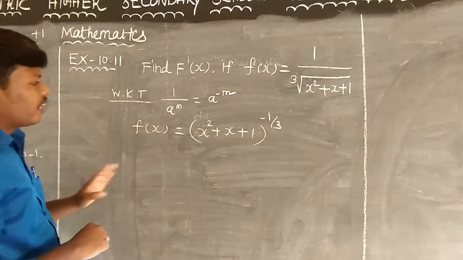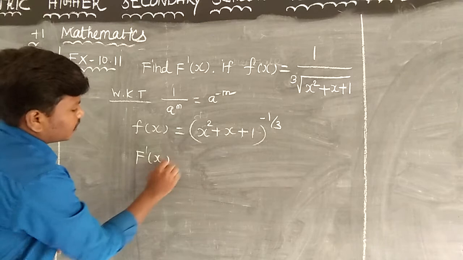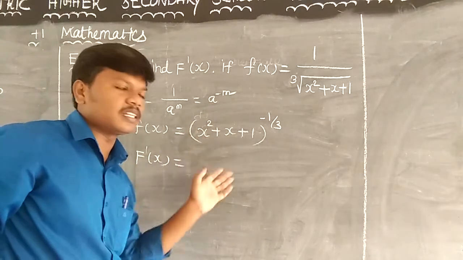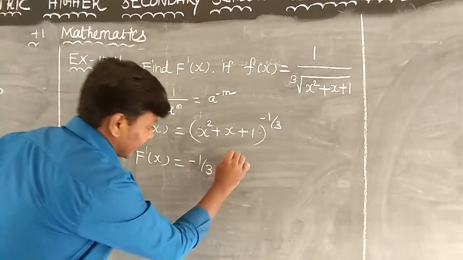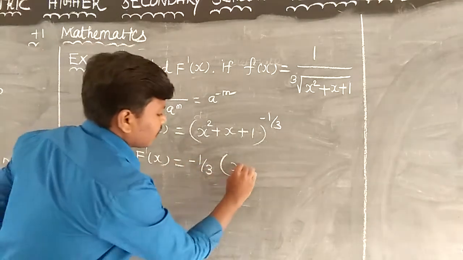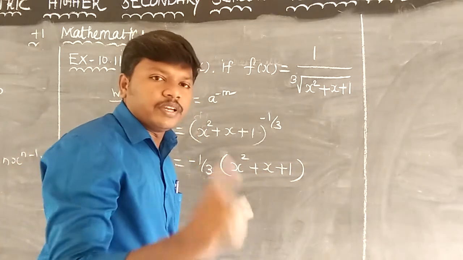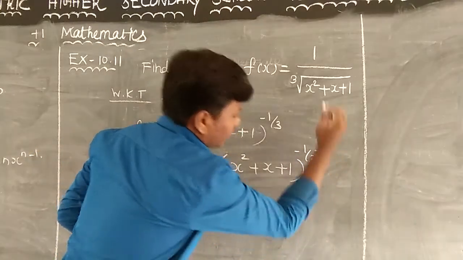Okay, so I am going to find f dash of x. So f dash of x is equal to, we already know, n into x power n minus 1. So n into x, where the value of x is x square plus x plus 1, and we need to subtract the power: minus 1 by 3 minus 1.